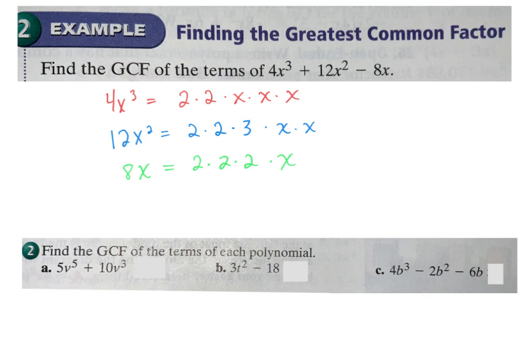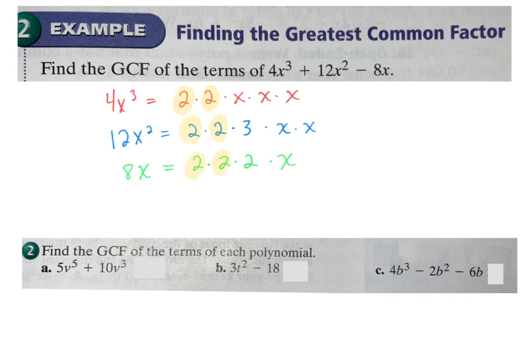If I'm looking for the greatest common factor, I'm going to use the most of these that I can. So however many I have in each one of these, I can use. So if I look at my 2's, I have 2 in the first one, right? I also have 2 here that can be used and 2 here.